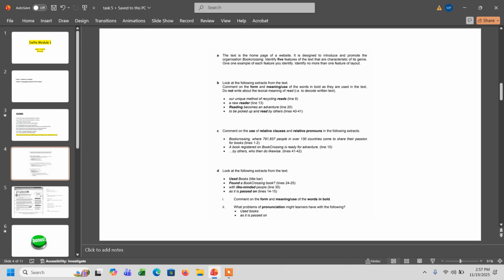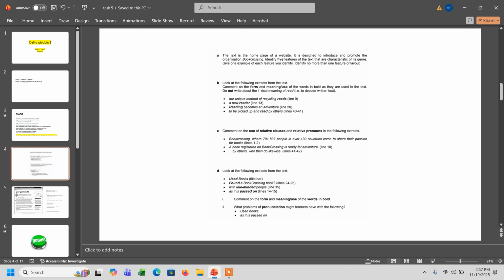Before you write anything, I want you to look at the rubric, the questions, because it will tell you to analyze the item in terms of only three categories: form, use, and meaning, and sometimes pronunciation.